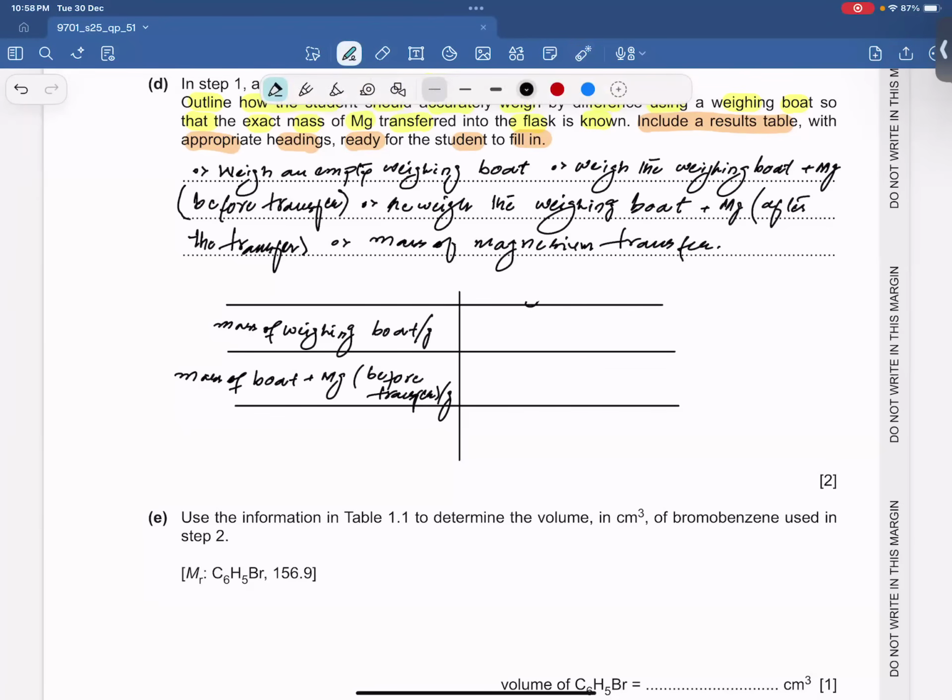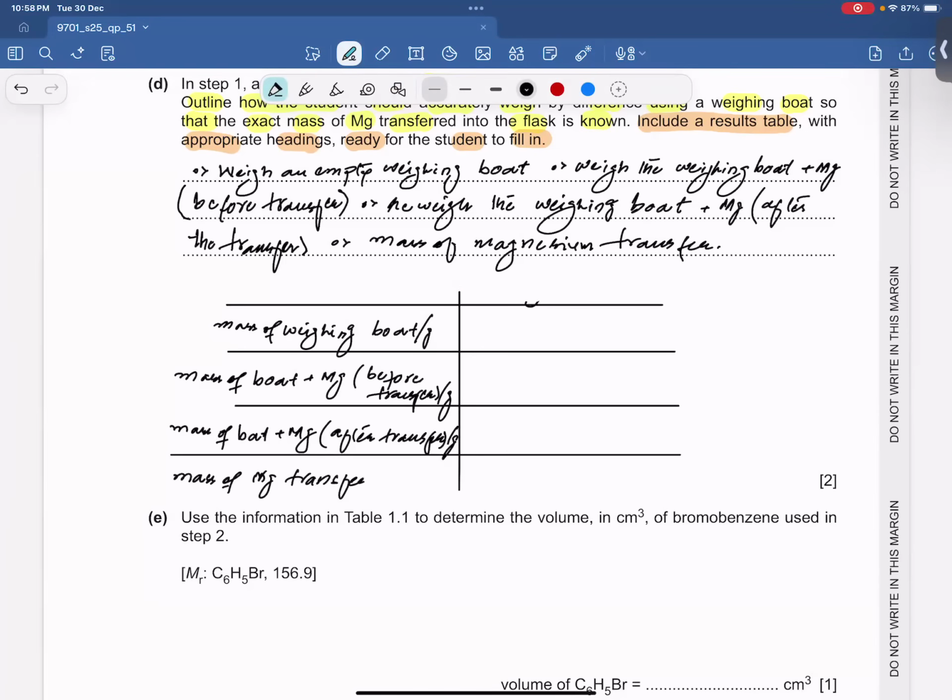Then mass of weighing board plus magnesium after transfer. And last but not the least, mass of magnesium transferred.